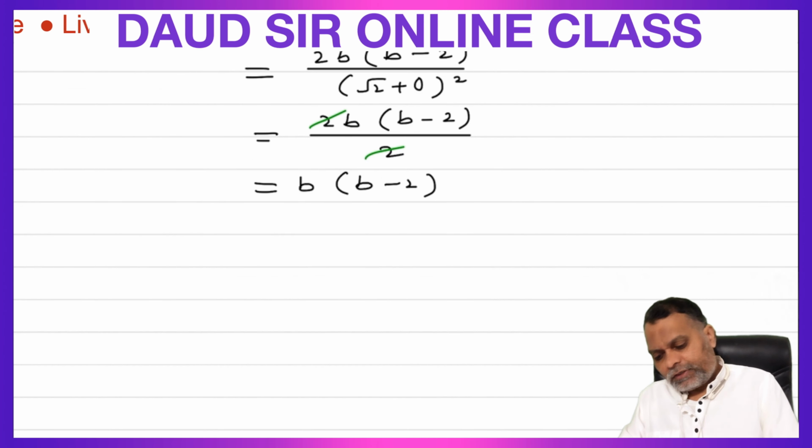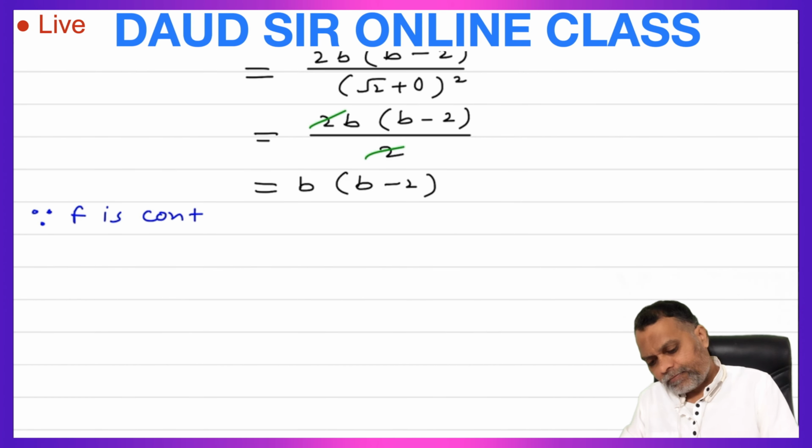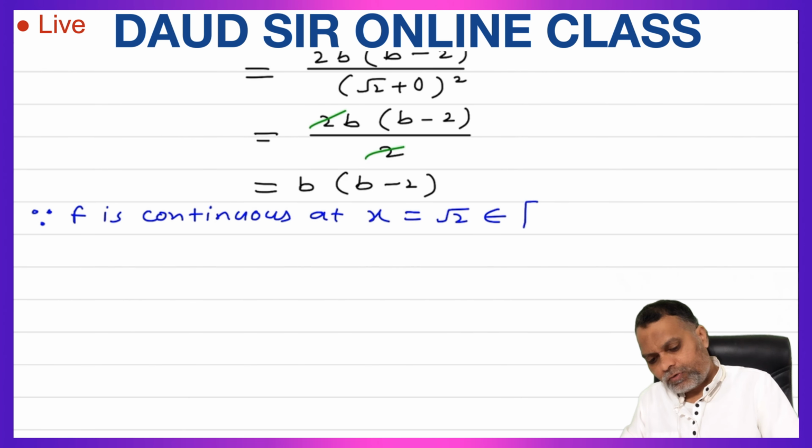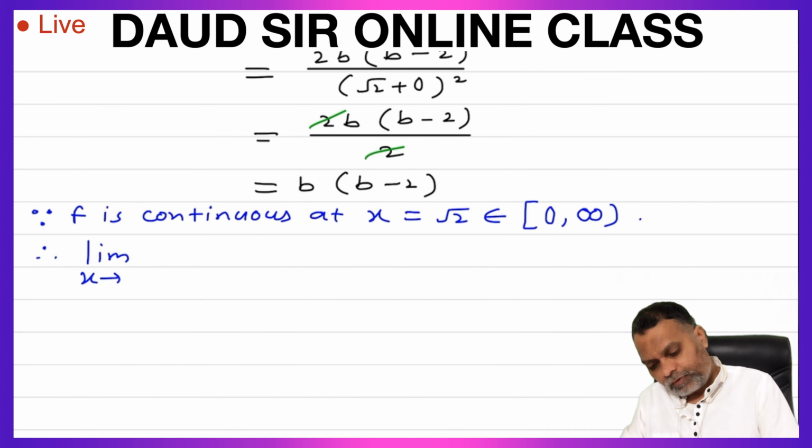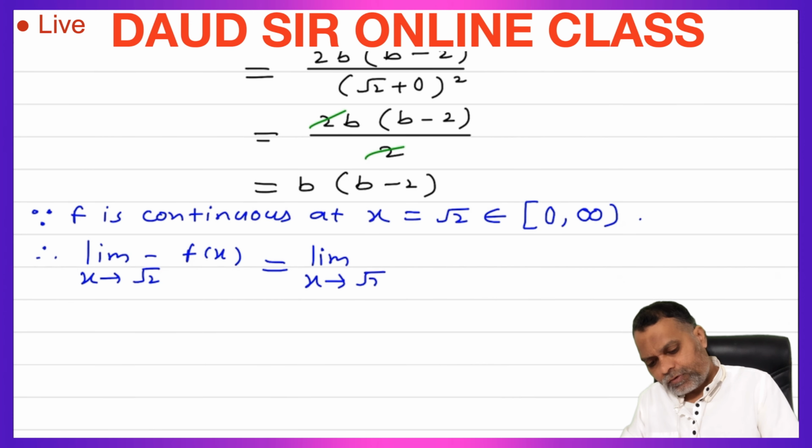So since f is continuous at x is equal to root 2 and root 2 belongs to semi closed interval 0 to infinity, therefore left hand limit x tends to root 2 minus f of x is equal to right hand limit x tends to root 2 plus f of x is equal to f of root 2.